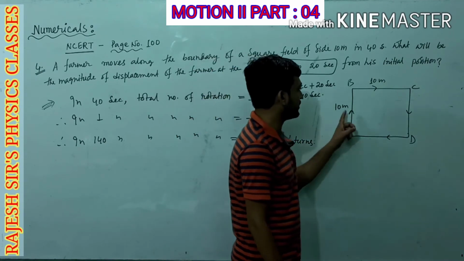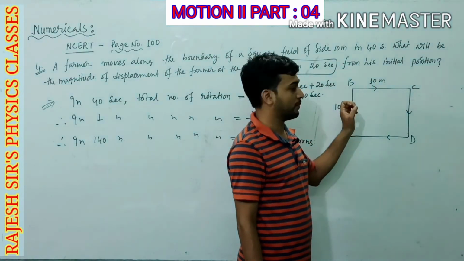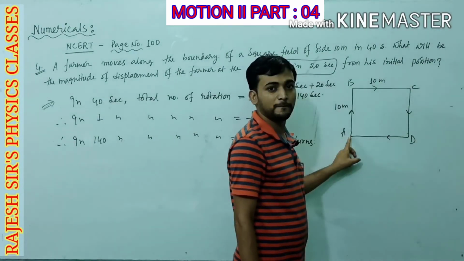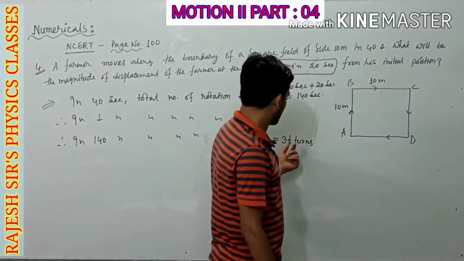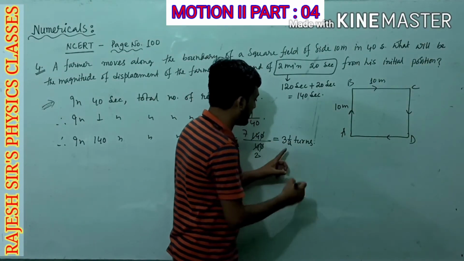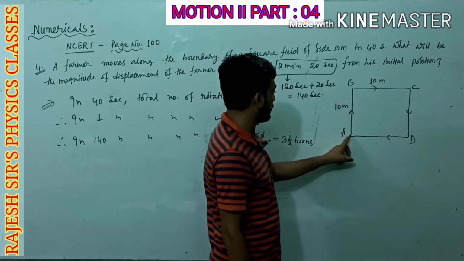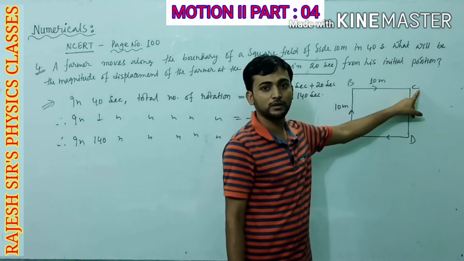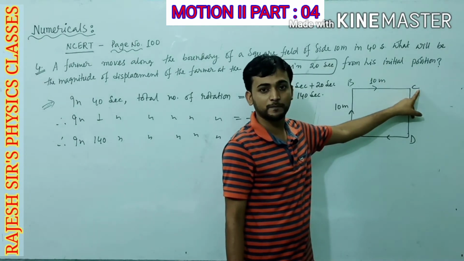Means after 3 complete journeys along the perimeter of the square field, the farmer will be coming at the starting point A. So 3 rotations gone, and remaining half turn, what will happen? The farmer will go from A to B, and finally he will complete his journey after reaching the point C.